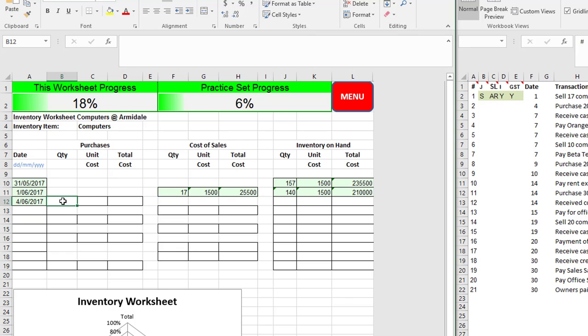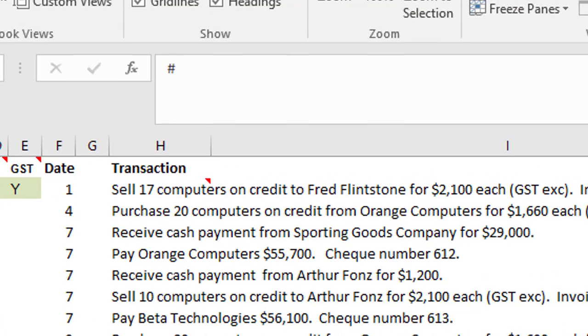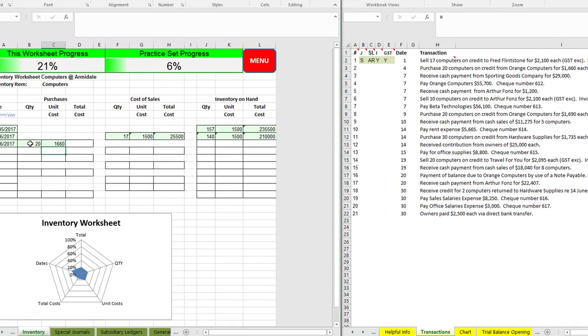We have purchased 20 computers from Orange Computers for $1,660 each, excluding GST. Now, that's the way we would want to record them in here, but it will mean when we record what we owe, we will actually have to add the GST on to each of these items. So the values of these computers are only $1,660 each, but the amount we'll have to pay for them is that plus GST.